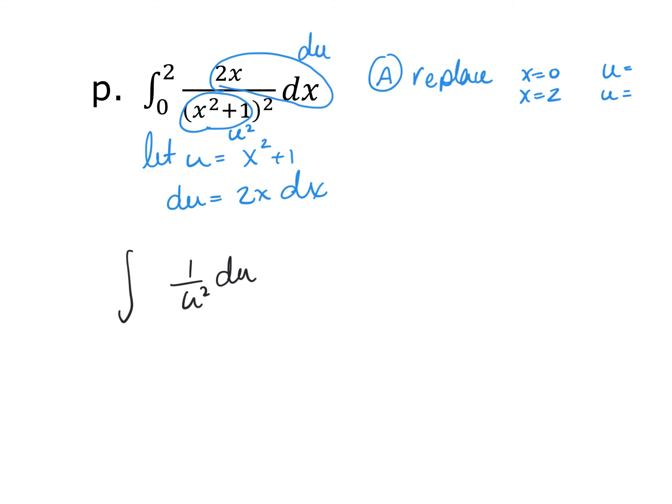With option A, when x is equal to 0, I'm going to put 0 in right here, u is going to equal 1. So I've changed my limits of integration. When x is equal to the upper limit, which is 2, u is going to be equal to 2 squared plus 1, which is 5.